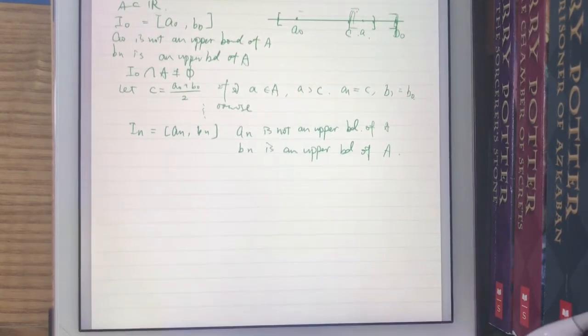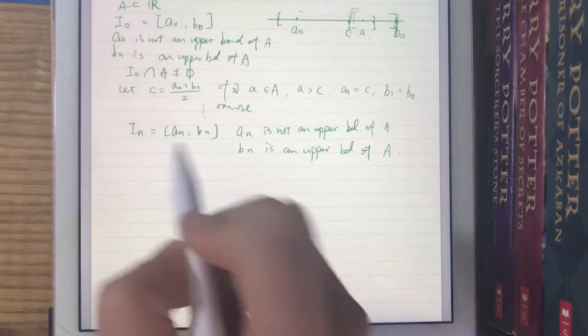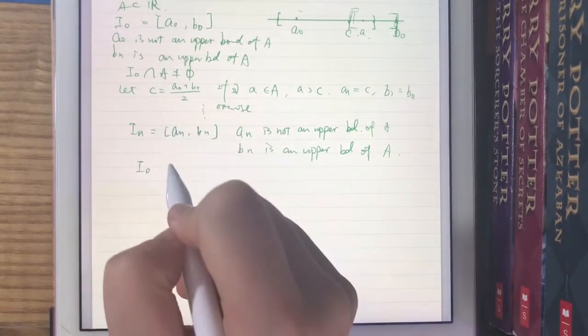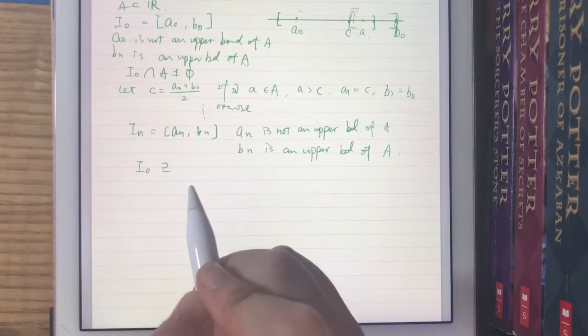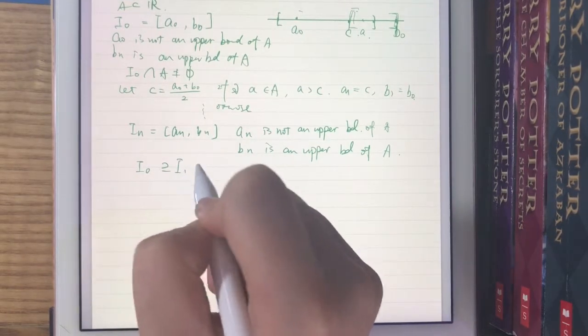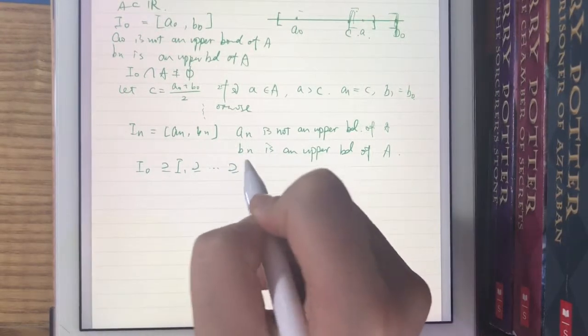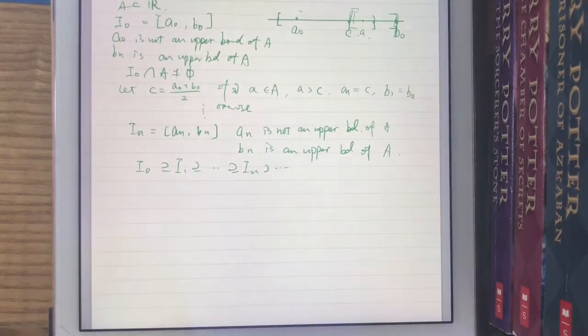So what we get, we now know that I0 contains I1 contains blah blah to In, and we also know that An is not an upper bound and Bn is an upper bound of A, right?